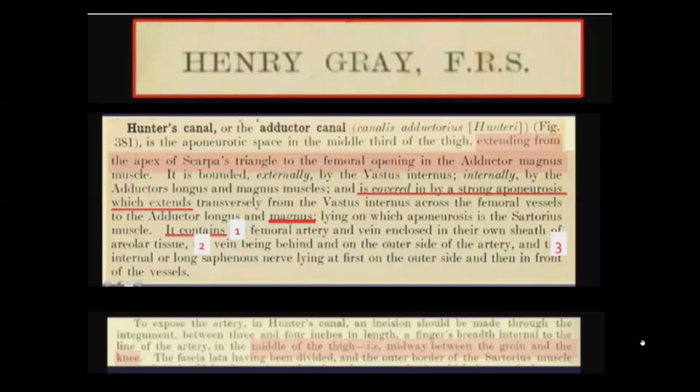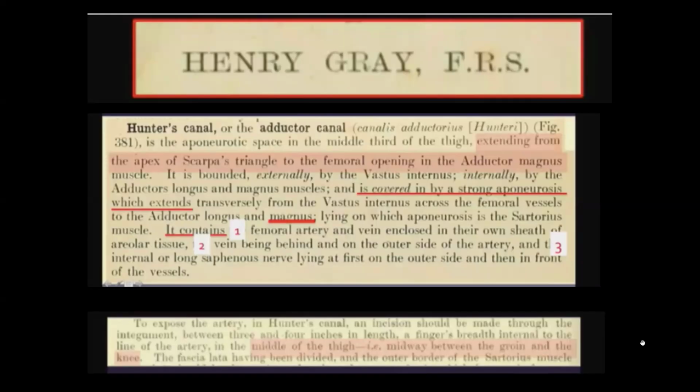All right, so this is from my Gray's Anatomy. It's that old book that's all writing, with no pictures in it, even though it's an anatomy book, describing the adductor canal. Because we should really know the nitty gritty about it if we're going to be doing this, right? So the adductor canal is an aponeurotic space in the middle third of the thigh, extending from the apex of Scarpa's triangle to the femoral opening of the adductor magnus muscle.